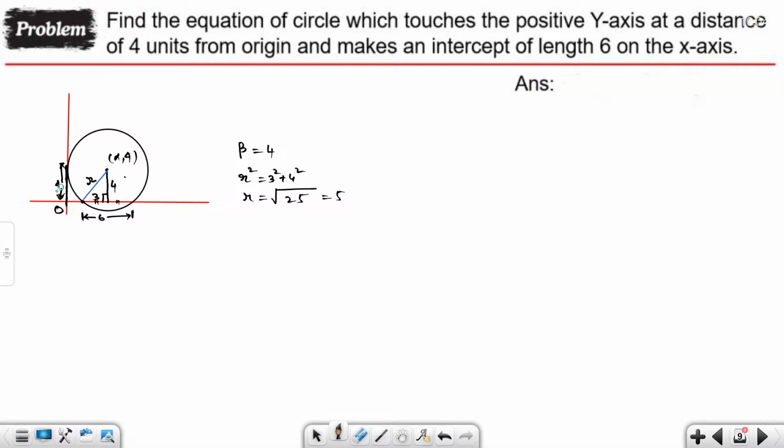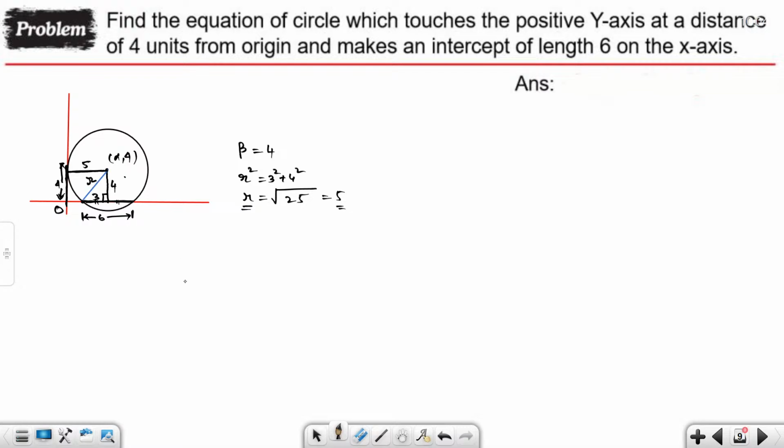And they have said that it makes an intercept of length 6 on the x-axis, that is, this length is 6. So from here we got the radius r as 5.